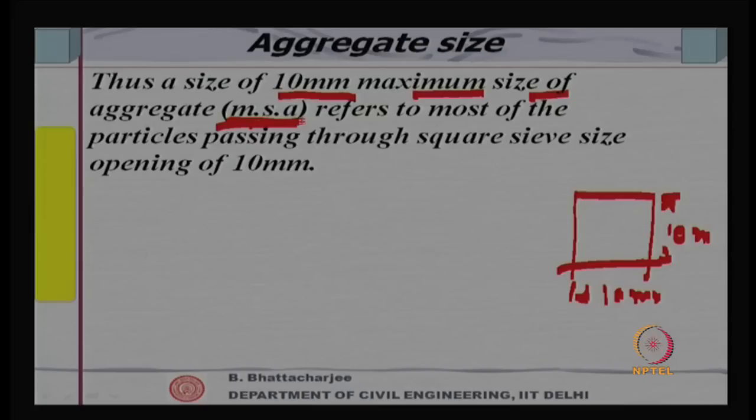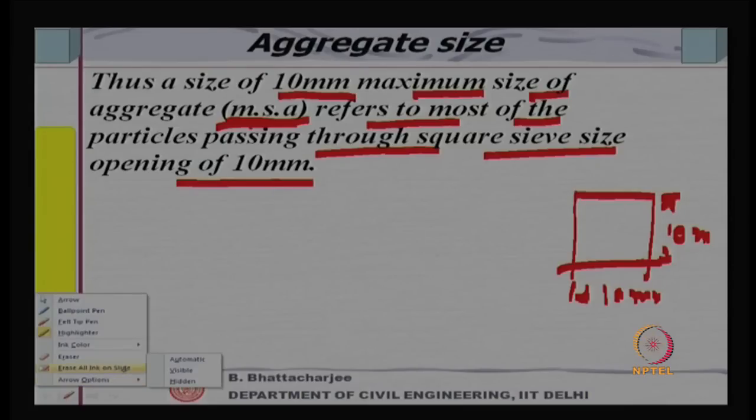from now onwards I will be talking of MSA and may not be stating maximum size of aggregate all the time. So, if we understand that MSA is equal to 10 millimeter, it refers that most of the particles pass through a square sieve opening of 10 millimeter, and a few small percentage might be retained, and this has come from practice.